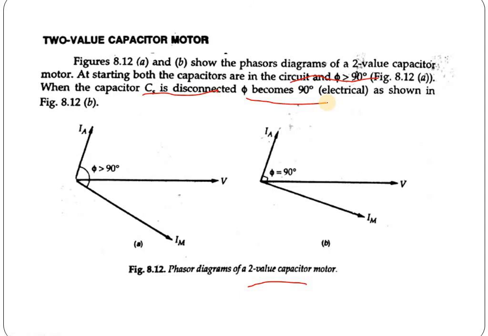90 degrees. So suppose this is the main winding, and this is our reference axis.